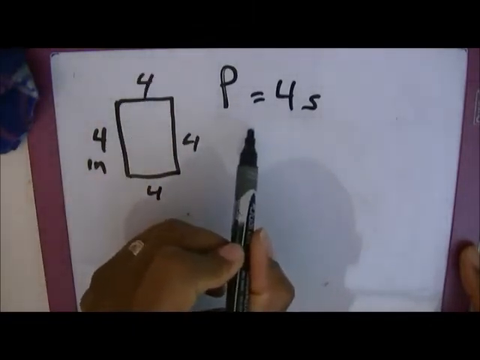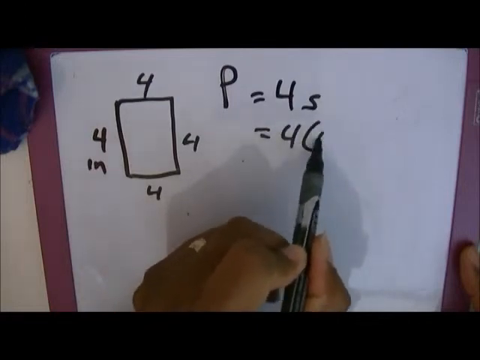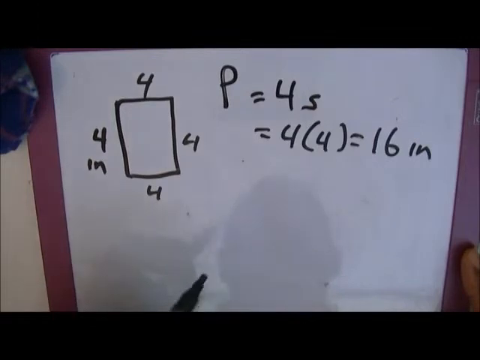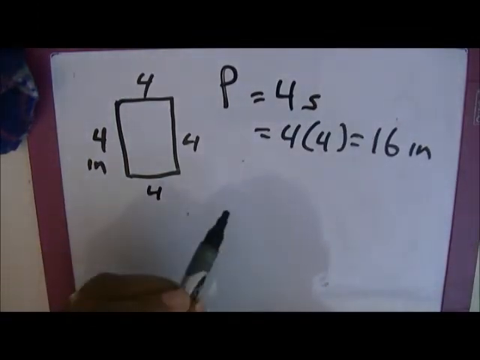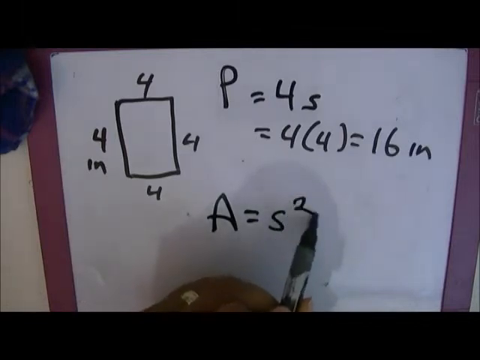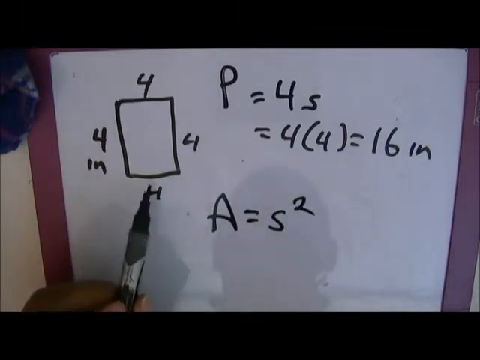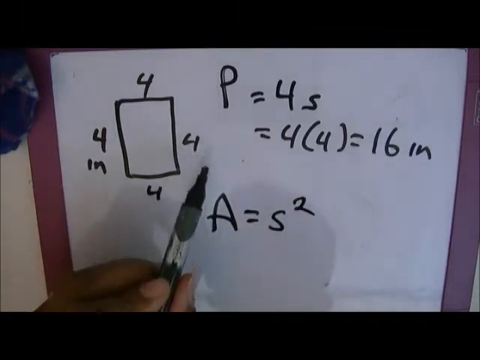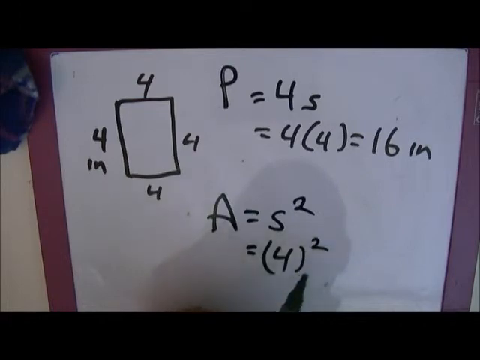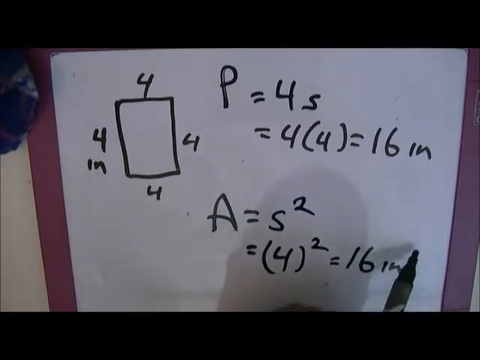So in this case, the perimeter equals 4 times 4, which equals 16 inches. The area of a square is equal to any side squared, because we multiply one side by the other, or base times height. In this case, it's 4 squared, which again is 16 inches squared.